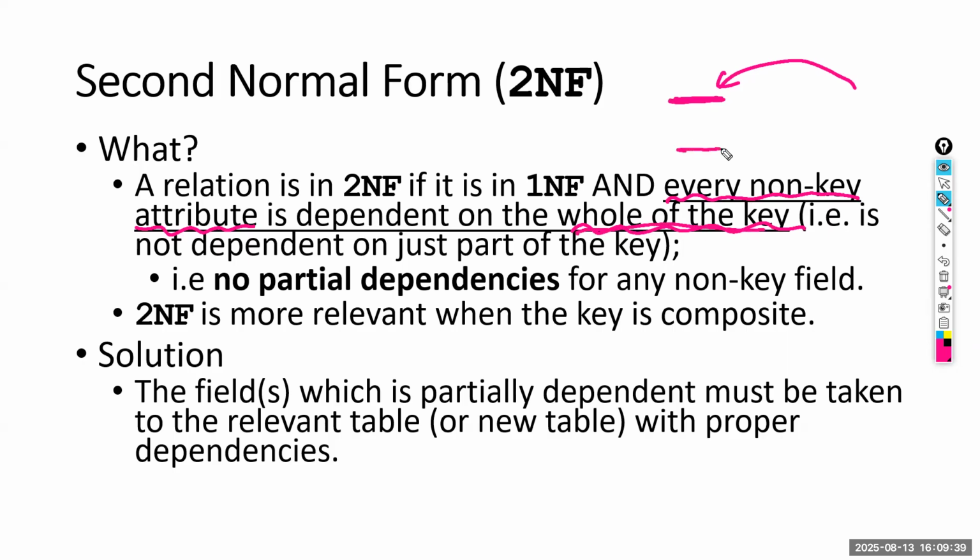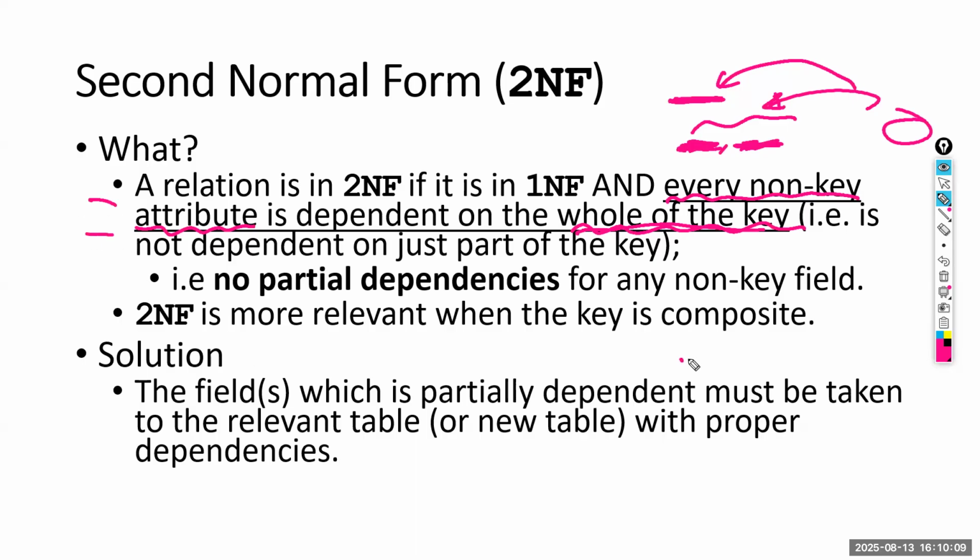If your primary key is composite, now you must be familiar with the term. Composite means a multi-field primary key. Then your non-key attribute must depend on the full primary key, not just part of it, not just one field of that composite primary key. It must depend on the entire primary key. So you can break it into two scenarios.